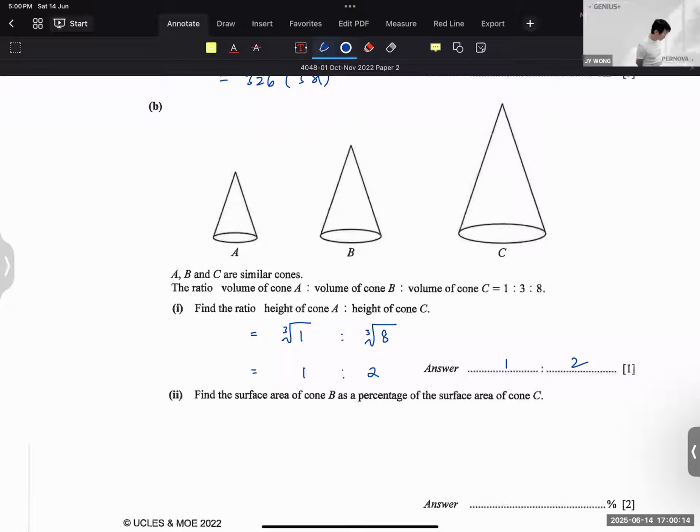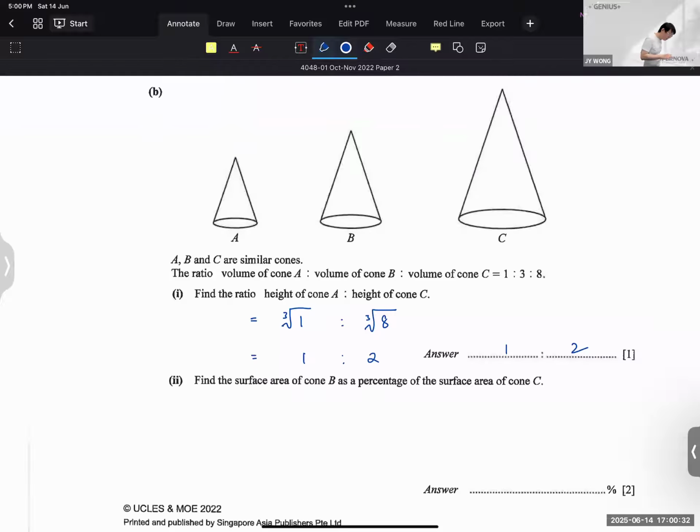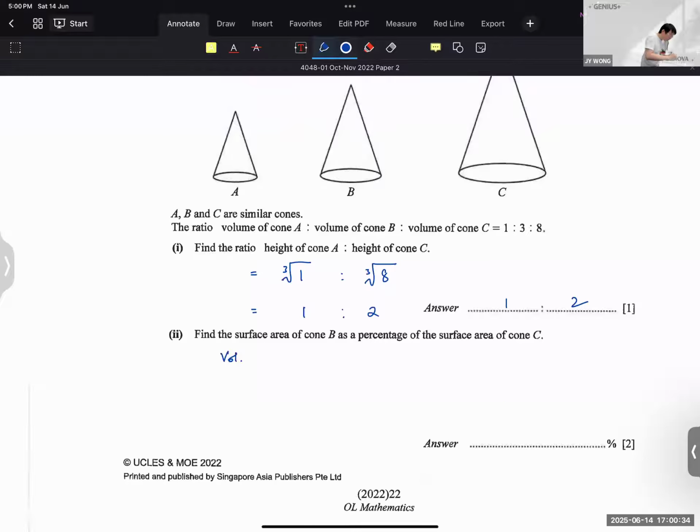Find the surface area of cone B as a percentage of the surface area of cone C. This one, be very careful. They give me volume of cone B to cone C. So volume of cone B to cone C is 3 to 8, correct?